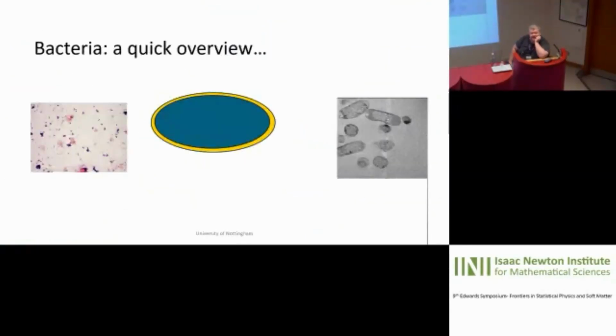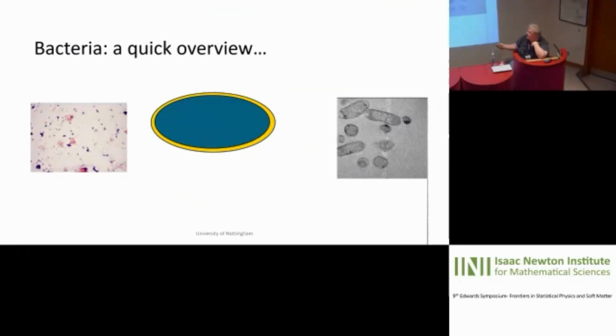So, bacteria, very quick overview. If you take a mixture of bacteria and you put in something called a Gram stain, you'll see it tends to distribute into two colors, a dark one, which stains, and a light one, which doesn't. We define these as gram positive and gram negative, and this is to do with the structure of the cell wall.